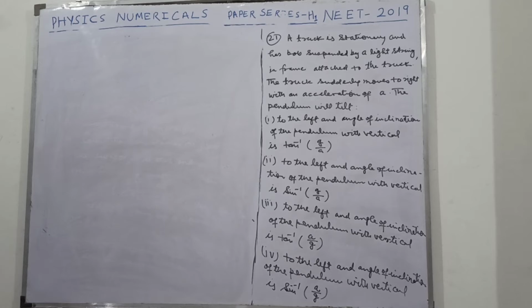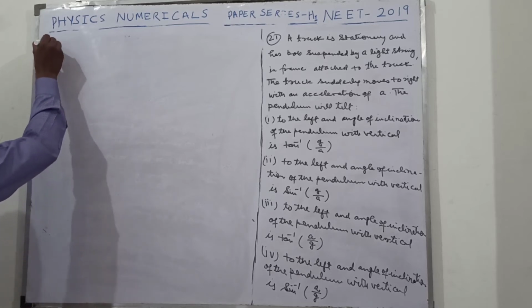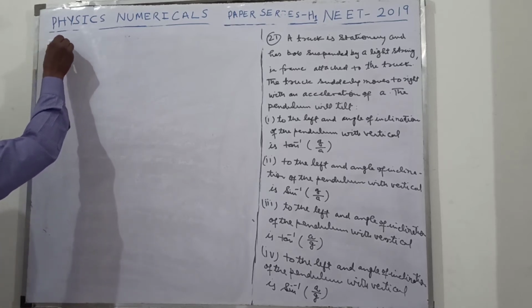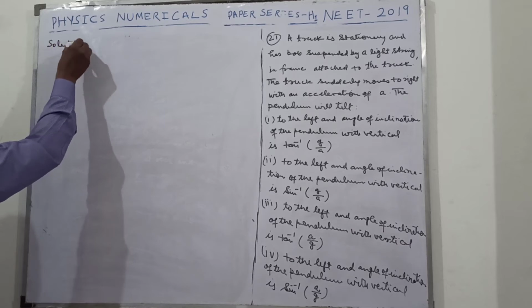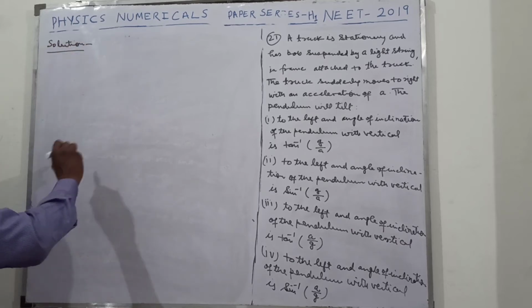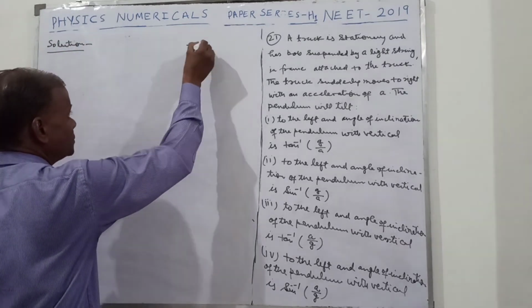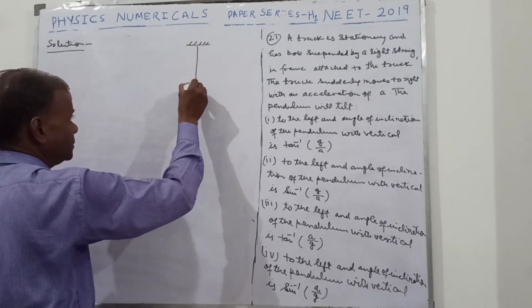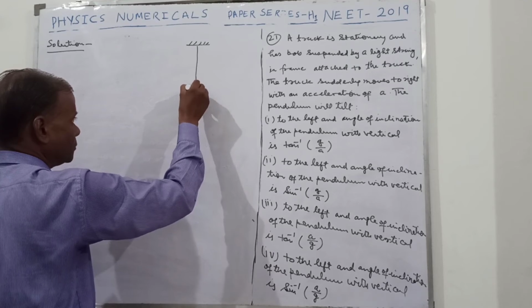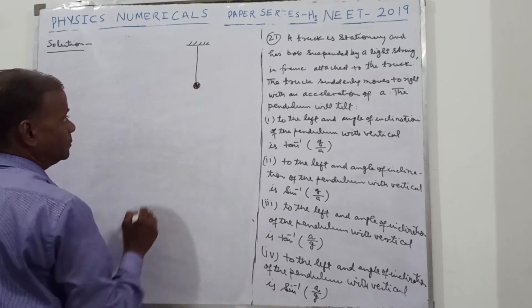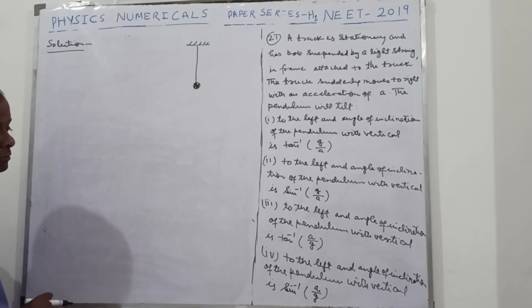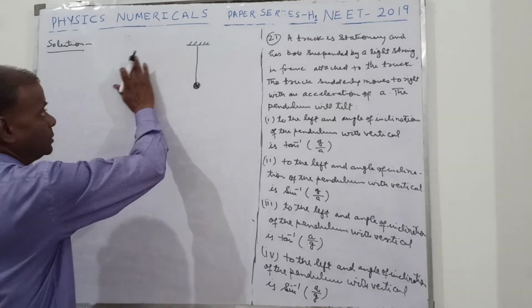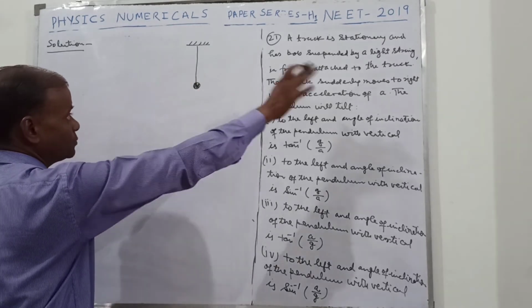So now for its solution, we are given a truck and this is the support and this is the bob hanging vertically downward. Now the truck is moving.